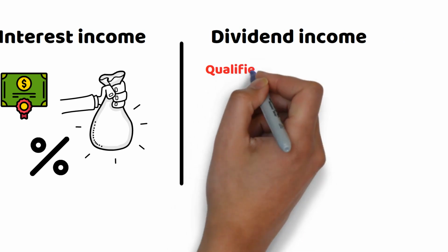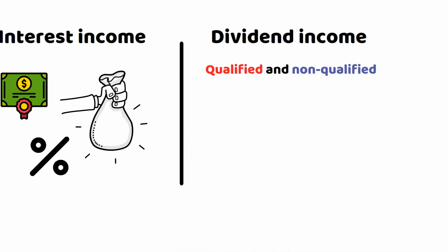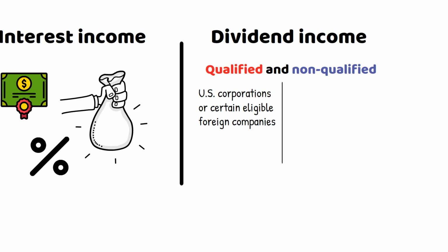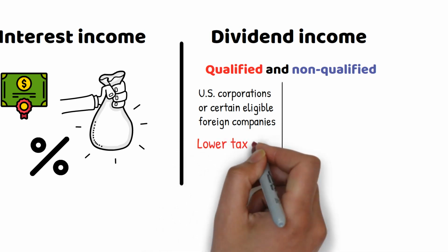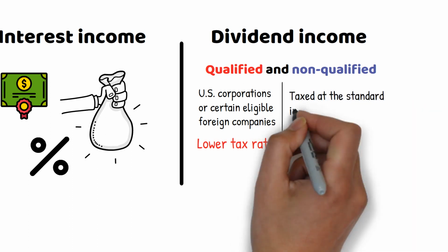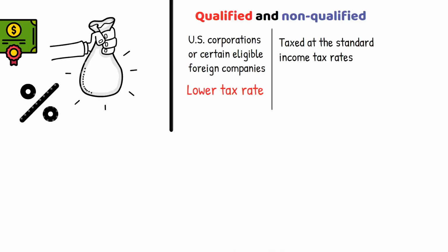Dividends are classified into two categories: qualified and non-qualified. Qualified dividends, which typically come from shares in U.S. corporations or certain eligible foreign companies, enjoy a lower tax rate akin to long-term capital gains. In contrast, non-qualified dividends are taxed at the standard income tax rates.